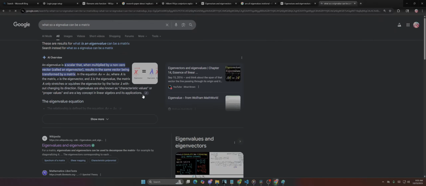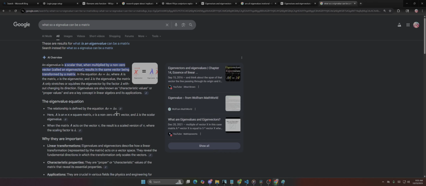Wait, so an eigenvalue can be a matrix. In the equation Av equals, wait, A equals eigenvalue times v, or what? I don't get it.